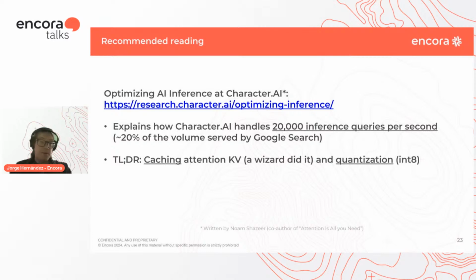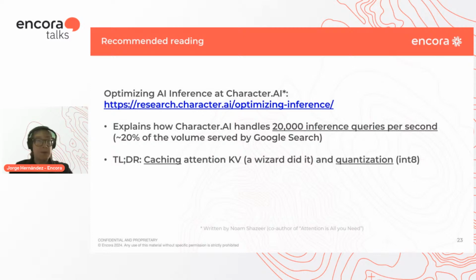Now, what is there beyond prompt engineering? Well, in this case, I'm just going to tell you to read this article, which is called "Optimizing AI Inference at Character AI." It's from Noam, and he's one of the authors of "Attention is All You Need."